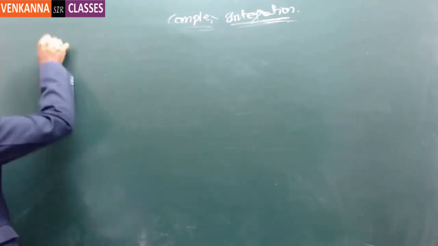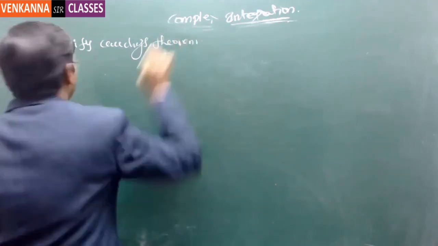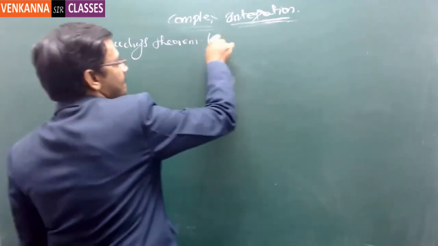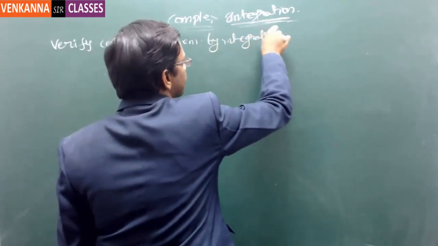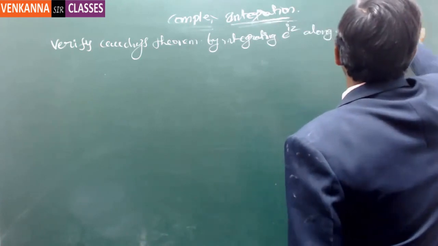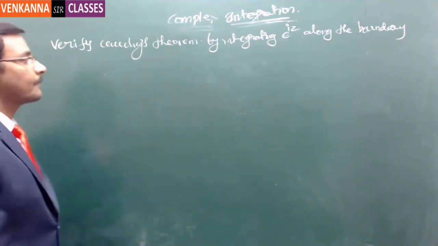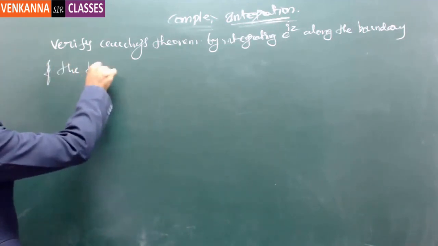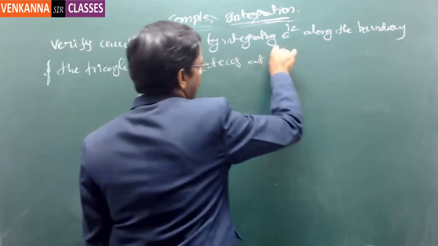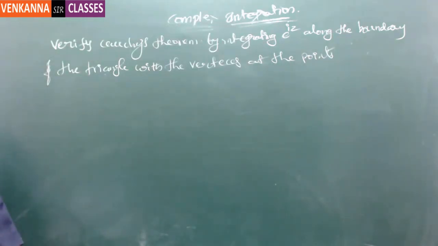Yeah, verify Cauchy's theorem. Verify Cauchy's theorem by integrating e power iz along the boundary of the triangle with the vertices at the points 1 plus i, minus 1 plus i, minus 1 minus i.